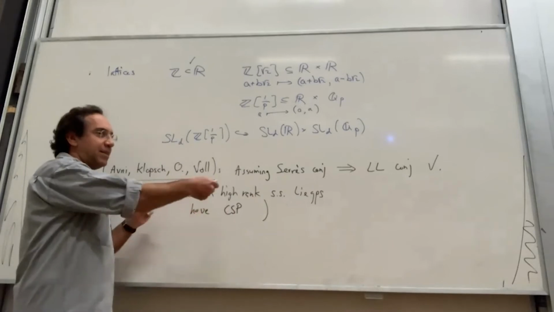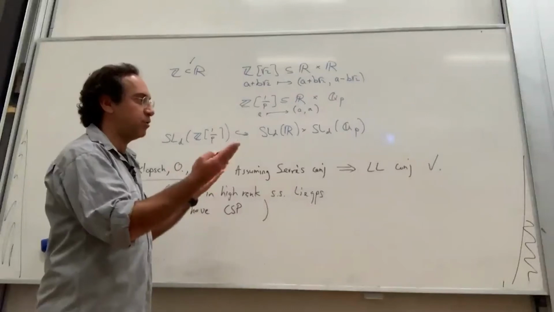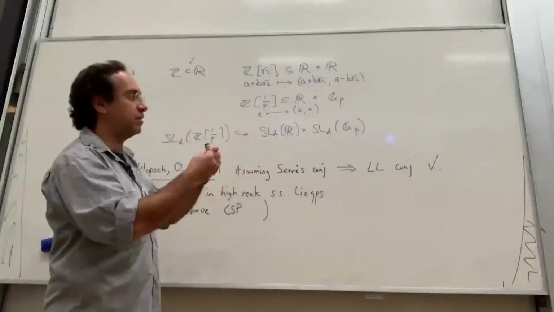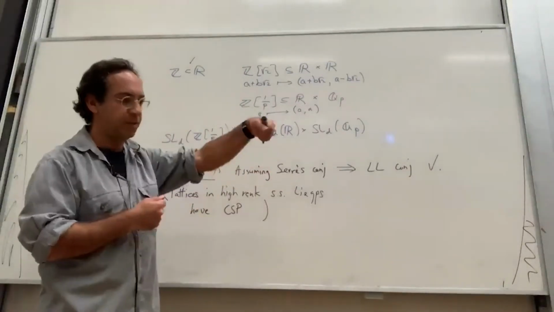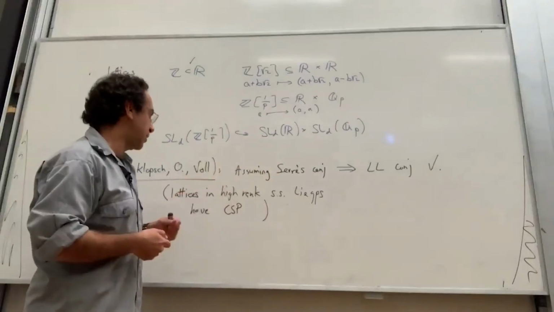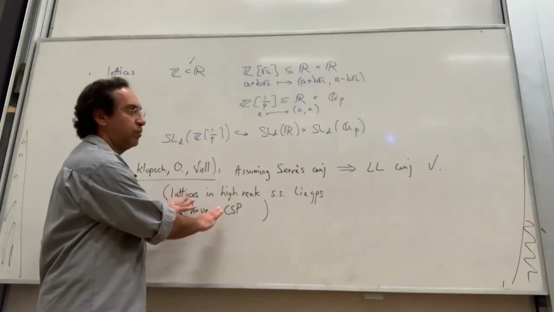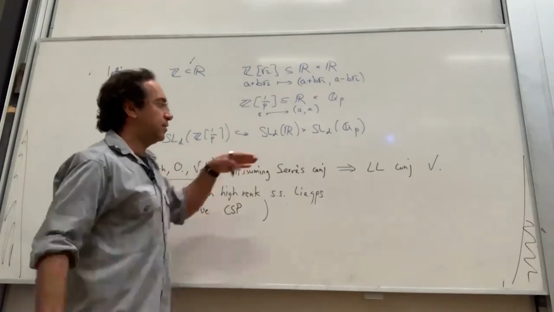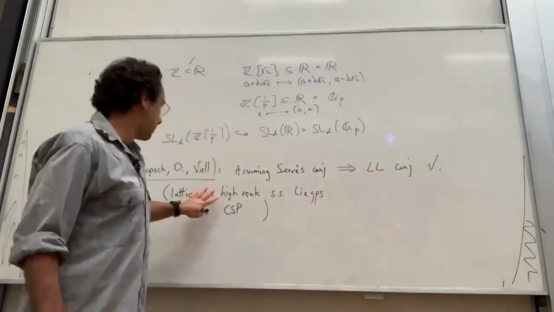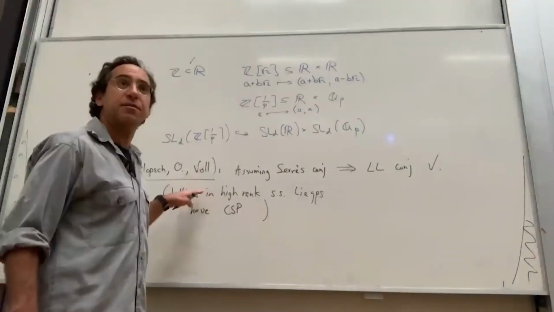So we can't beat Serre's conjecture in this sense, simply because we don't have a method to construct irreducible representations of these arithmetic groups without the local considerations. But if you do know that you have a congruence subgroup property, then the Larsen-Lubotzky conjecture is true, and Serre's conjecture is known in most cases.